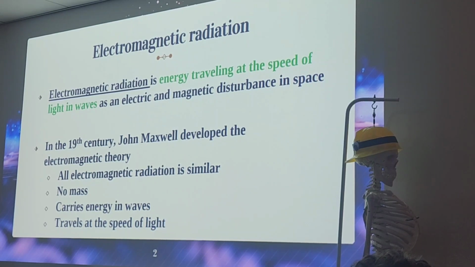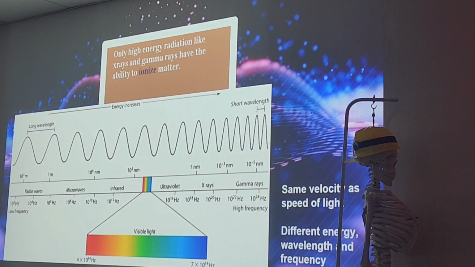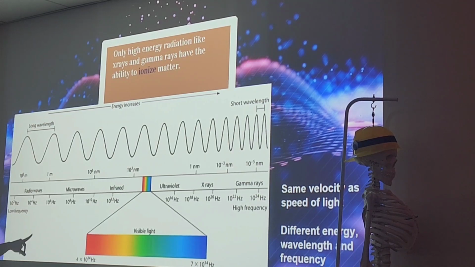Ready? So, this is the electromagnetic spectrum. On the lower energy side, we have our radio waves and microwaves. And then all the way towards the end, we have our X-rays and our gamma rays. So, if I ask you which one has the highest energy, it would be gamma rays.